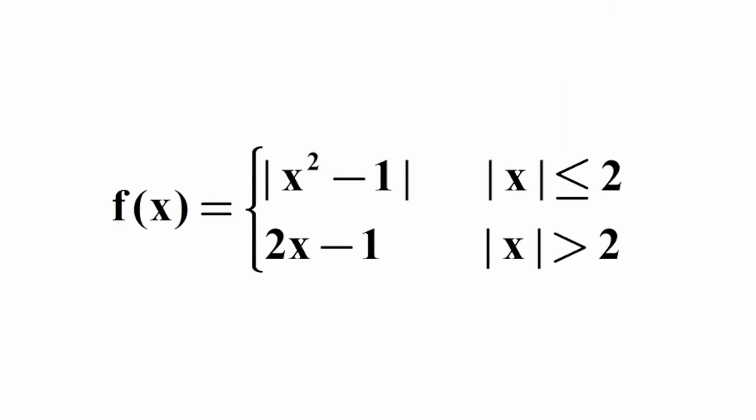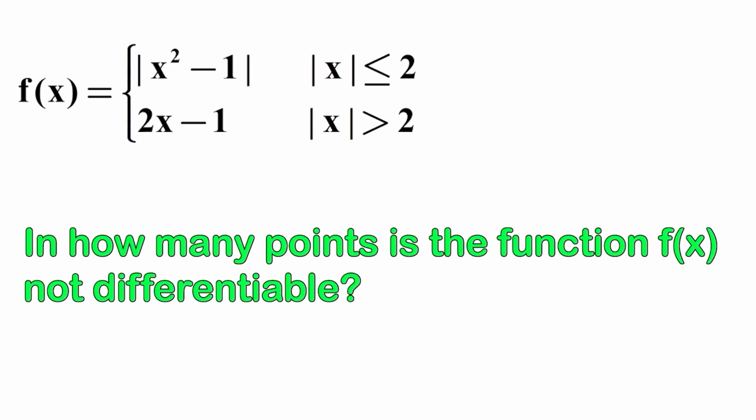Okay guys, let's look at this example. For the function defined as f of x equals the absolute value of x squared minus 1 when the absolute value of x is less than or equal to 2, and 2x minus 1 when the absolute value of x is greater than 2. In how many points is the function f of x not differentiable?